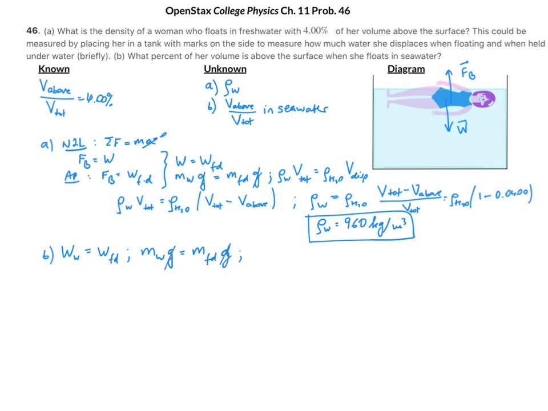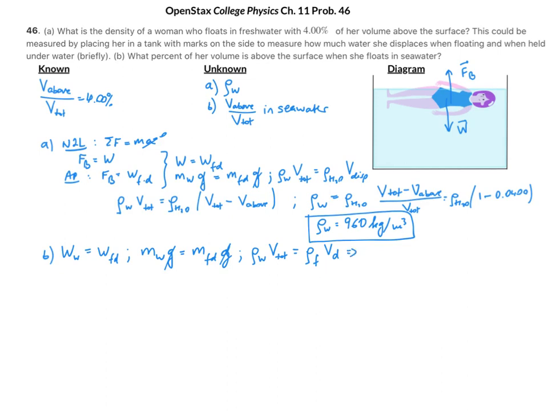So that is mass of the woman, density of the woman times volume total, equals density of the fluid times volume displaced.